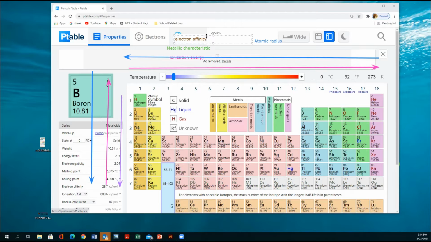So who wants an electron really, really bad? The ones closest to group 18, the noble gases. What's the group closest to the noble gases? Halogens. Okay, since we know that, is it going to increase from left to right or right to left? It's going to increase going to the right, left to right. Left to right, okay.